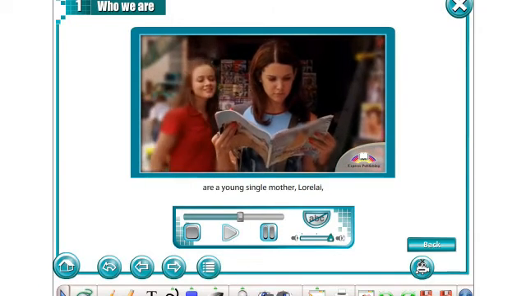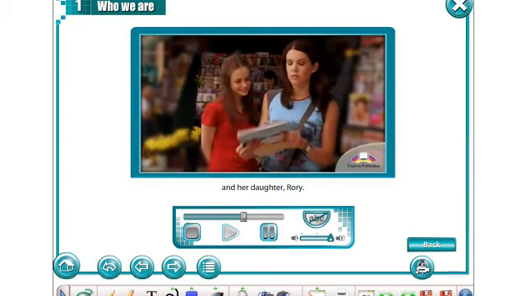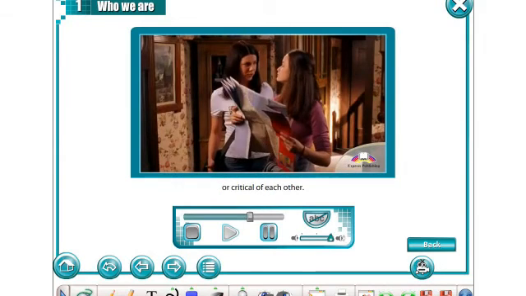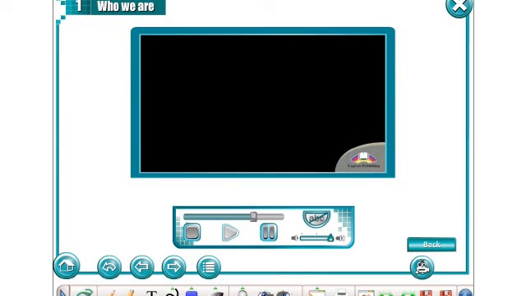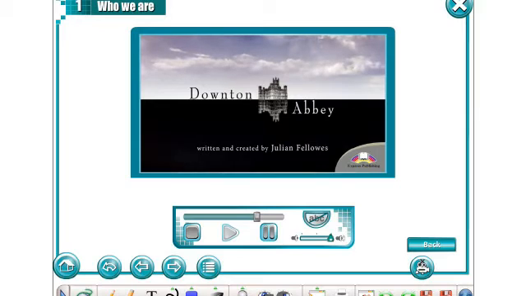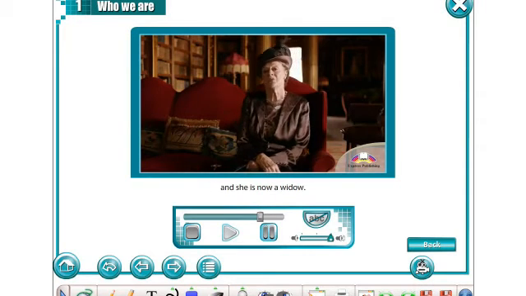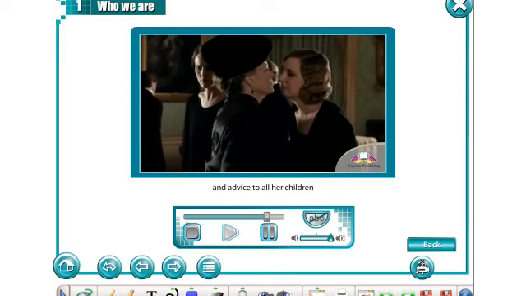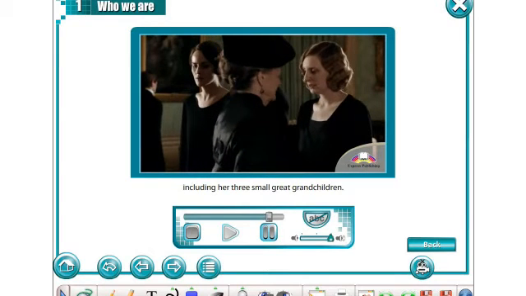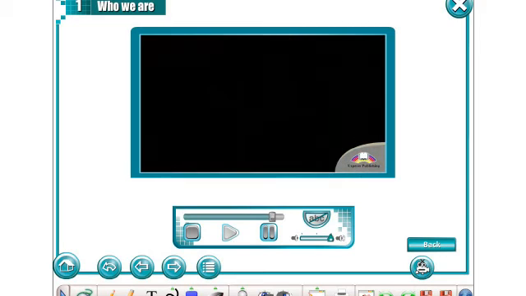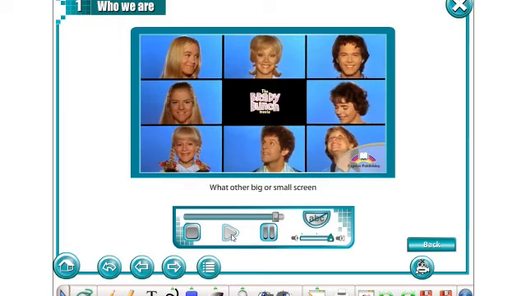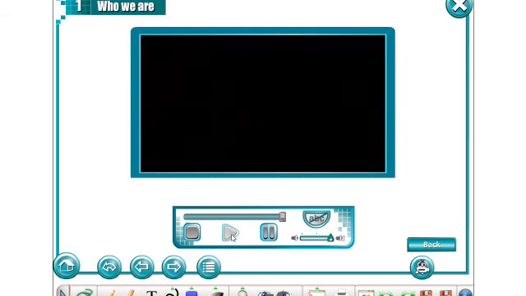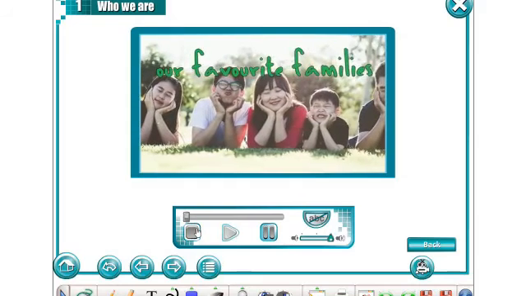The Gilmore Girls are a young single mother, Lorelai, and her daughter, Rory. They occasionally get into arguments, but they are never judgmental or critical of each other. Downton Abbey. Violet Crawley's husband died, and she is now a widow. As head of the Crawley family, she passes on her wisdom and advice to all her children, including her 3 small great-grandchildren. What other big or small screen families can you think of? Which is your favourite? Our favorite family.